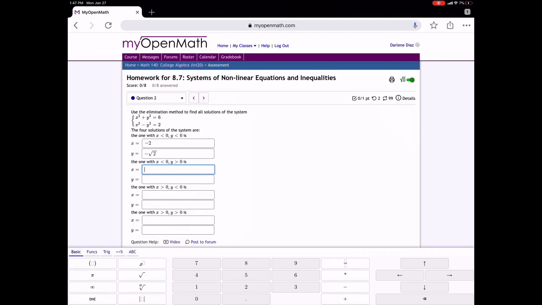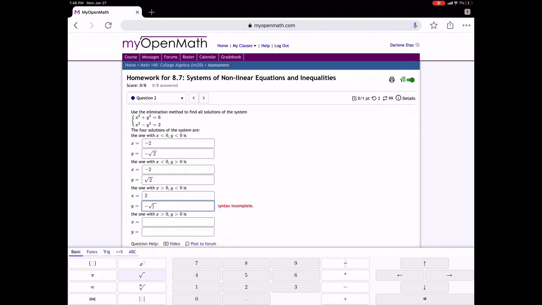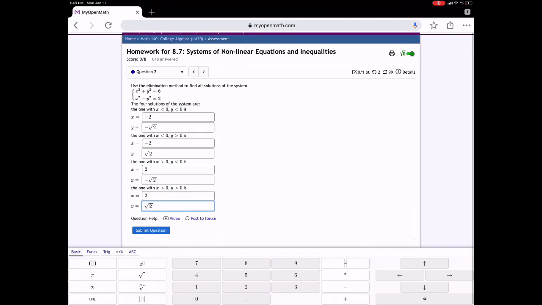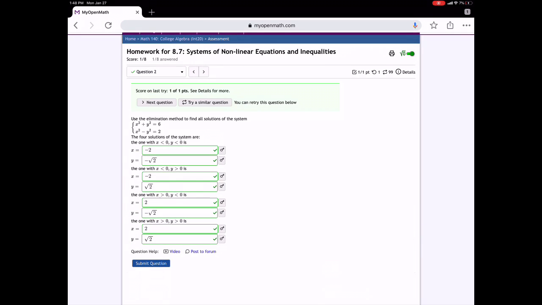The negative solution of x, so negative 2, and then the positive solution of y, which is just a positive square root of 2. And then here's the positive solution to x with the negative solution to y. And then here is both positive, so 2 and then positive square root of 2. And then if you just submit, it's exactly what they expect.